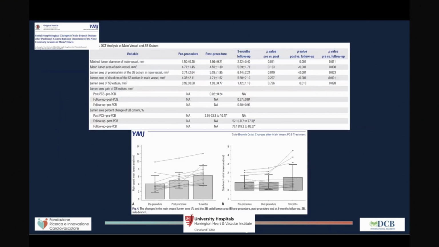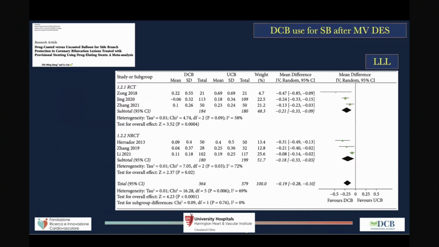On the other hand, we have a lot of data also with intravascular imaging, which are showing how the management of the side branch with a drug-coated balloon, and we have a lot of data with paclitaxel, is very good. The effect of paclitaxel on the side branch is showing how it is protected, and late lumen loss is often negative if we analyze angiographic data.